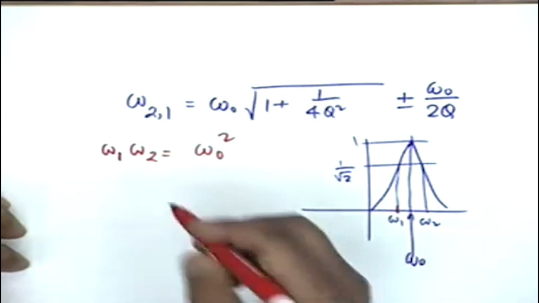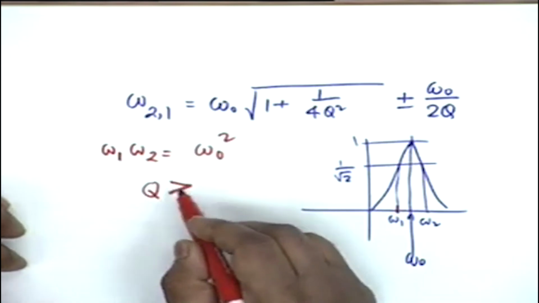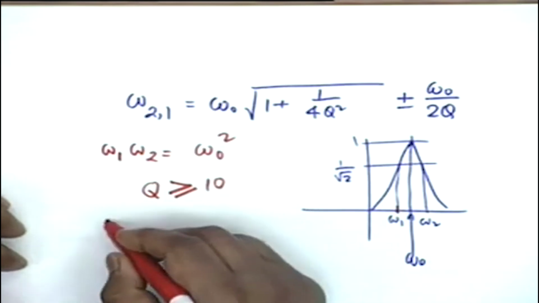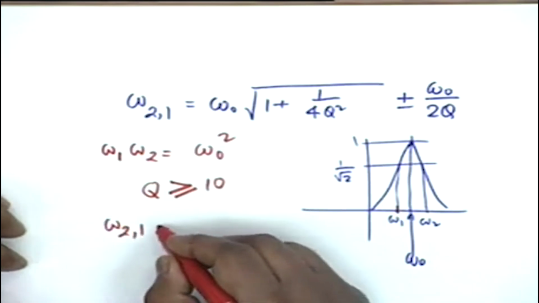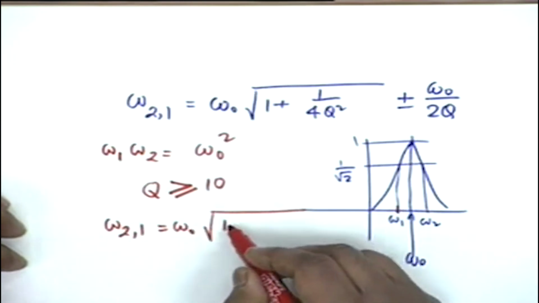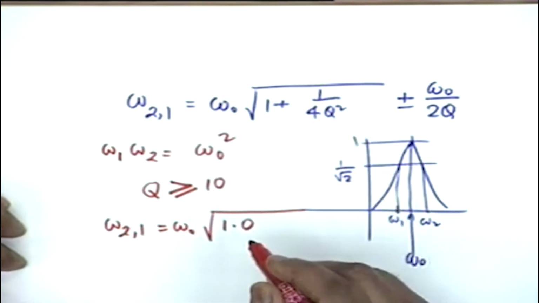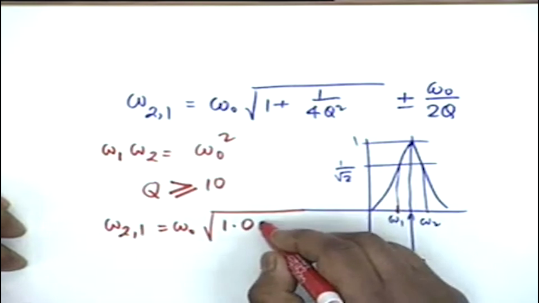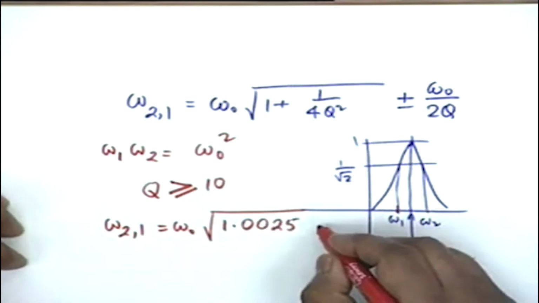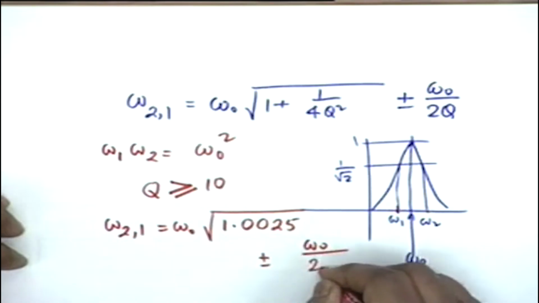All right. However, if q is large, suppose q is greater than or equal to 10, let's say, then omega 2 and omega 1 would be equal to omega 0 times the square root of 1.0025, plus minus omega 0 divided by 20.